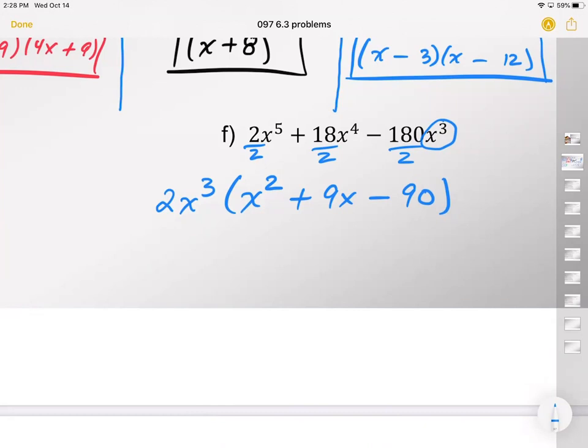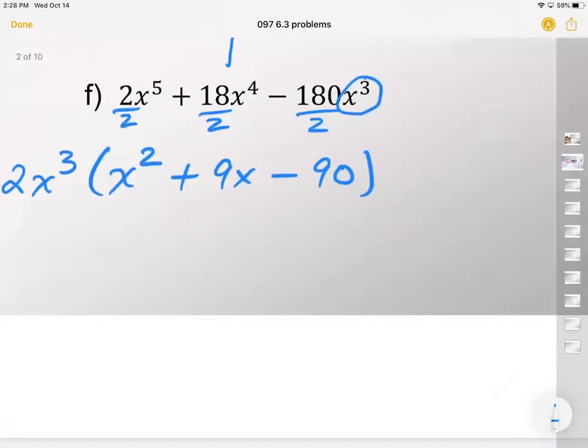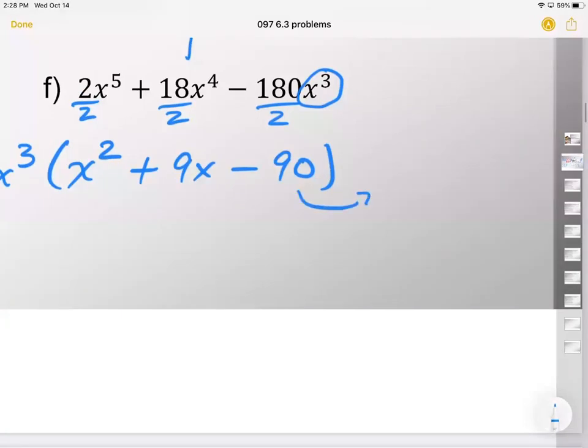And now this is why it is the hardest part. If you look at the 90, this is where a lot of students have problems, the multiples of 90, right?